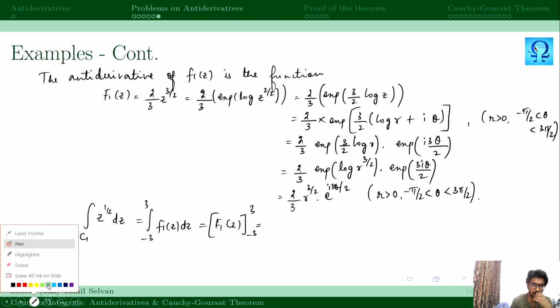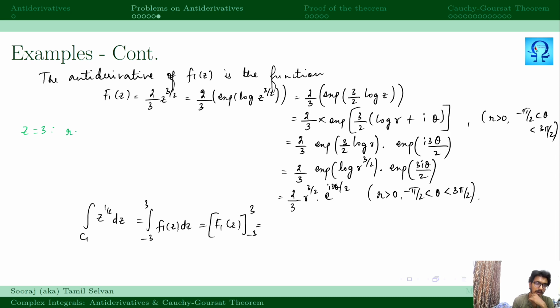So here, let me consider z equals 3, which means my r value is under root 3 squared plus 0 squared, which is 3 again. For z equals minus 3, in this case also my r value is under root minus 3 squared plus 0, which is 3, right? Here my theta is tan inverse of y upon x, which means 0 upon 3, I am going to get 0, that is tan inverse of 0.